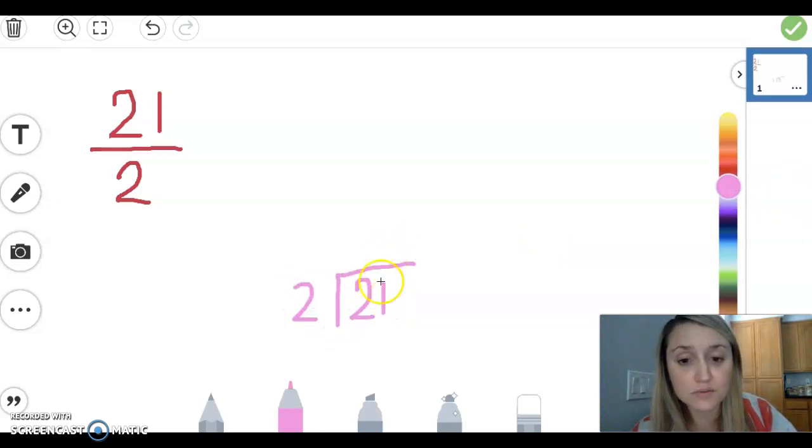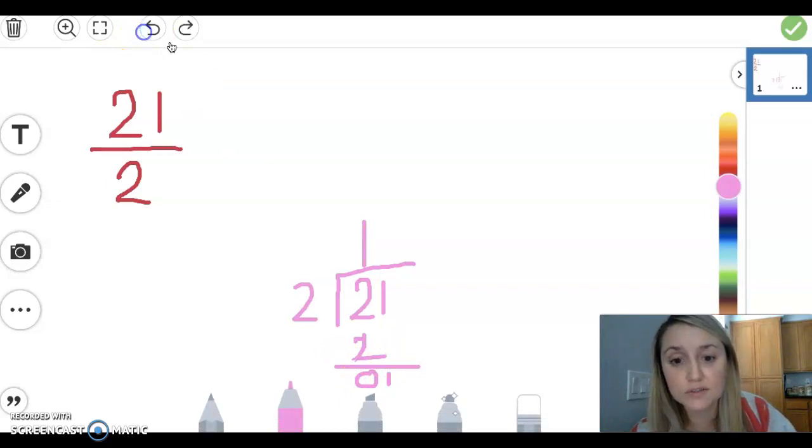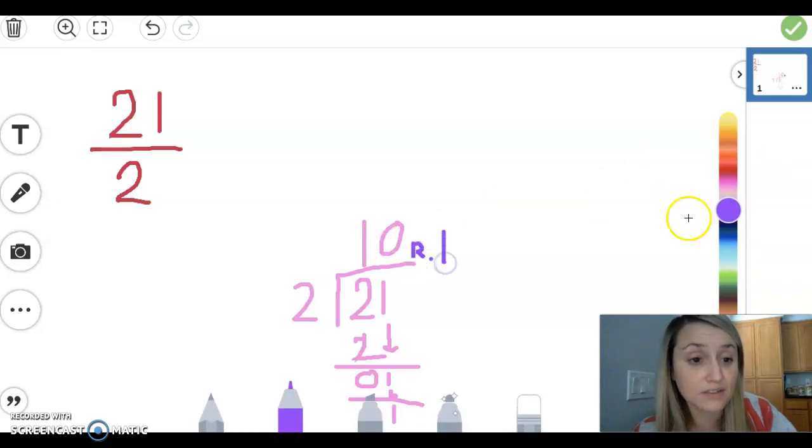So 2 goes into 20, or 2 goes into 2 once. Okay, normal. So a remainder would be, sorry, running out of room. So it'd be 10 remainder 1.